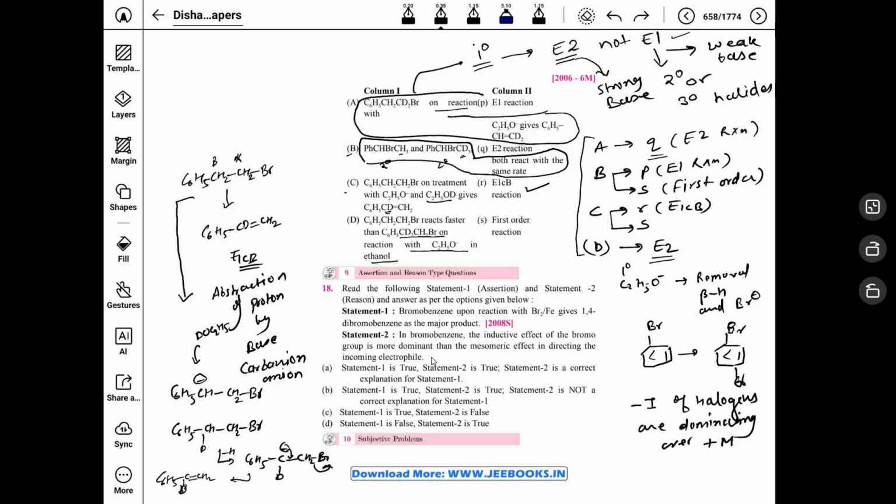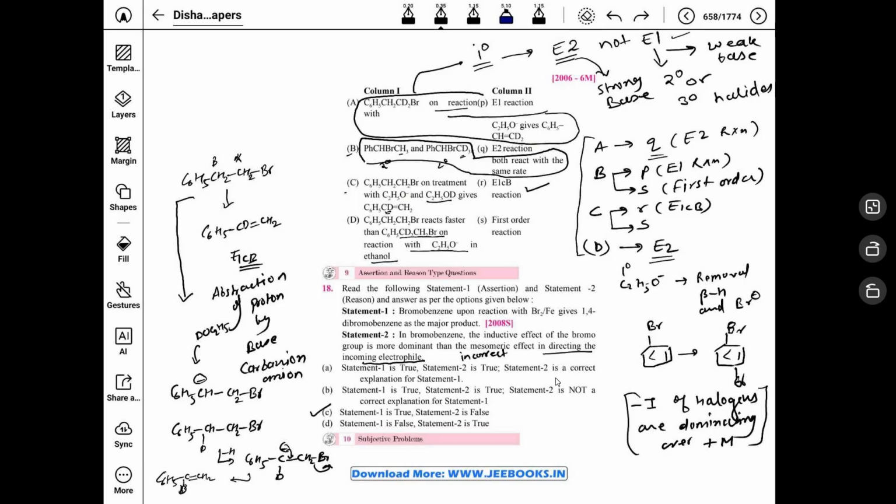This is a true statement, but this is not the reason to direct the incoming electrophile. Hence statement 2 is incorrect in the context of directing the group. So the correct option is: statement 1 is true, statement 2 is false. So C is the correct answer.